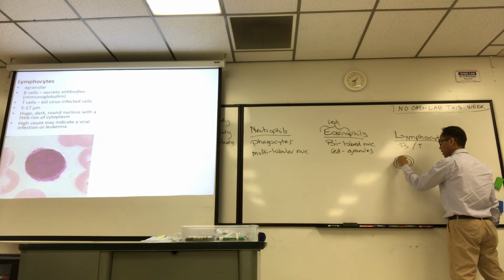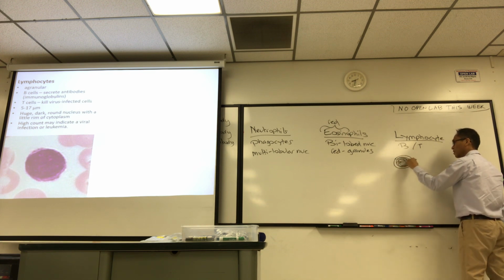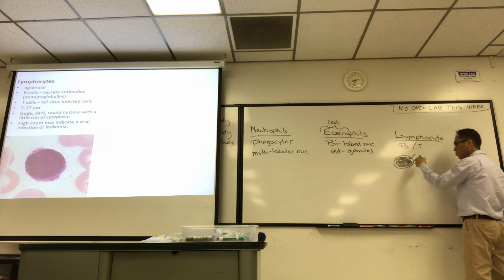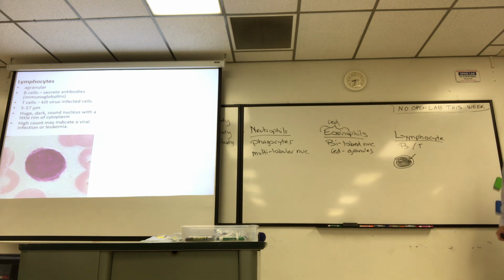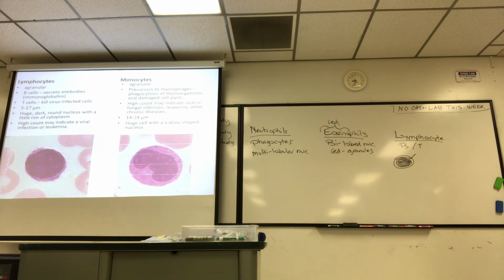The nuke is so big and dark and purple. I'm using black, but you have just a little rim of cytoplasm. Large round nuke. I won't say anything about their function. I have a whole lecture on the B and T lymphocytes. I just want you to know that's what they look like under the scope for now.